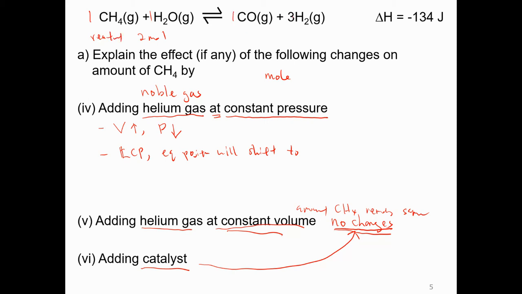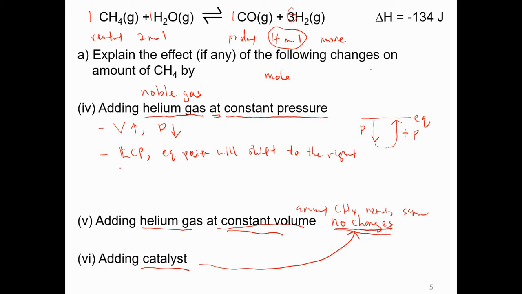Then 1 mole, 3 moles, so total 4 moles for product. Our disturbance is that pressure has decreased, so to go back to equilibrium we need to increase the pressure. To increase the pressure, we go for the higher number of moles. So it will shift to the right.